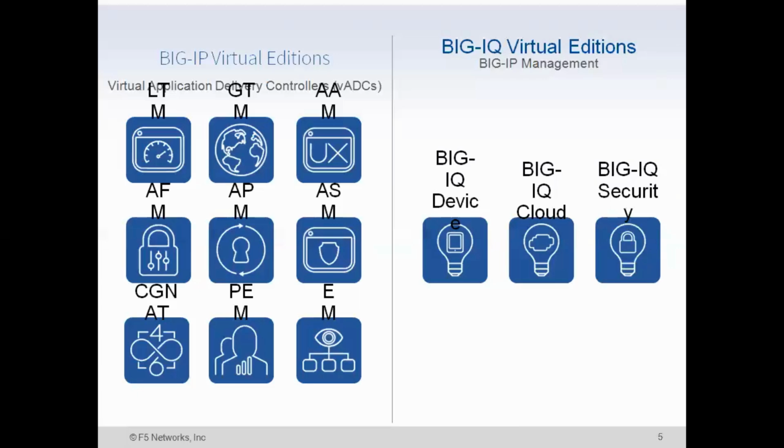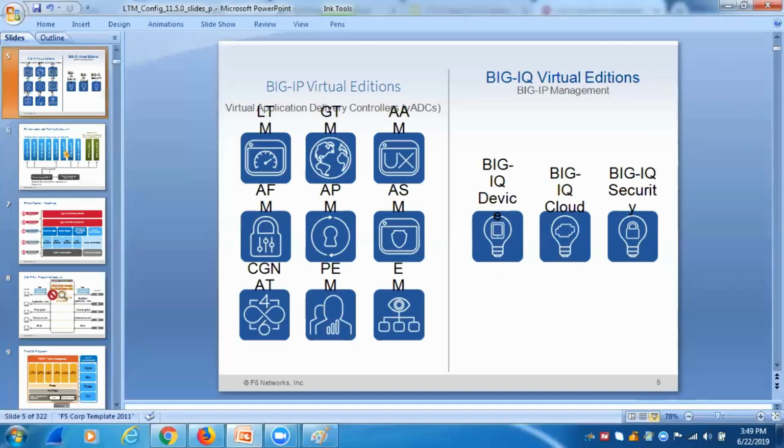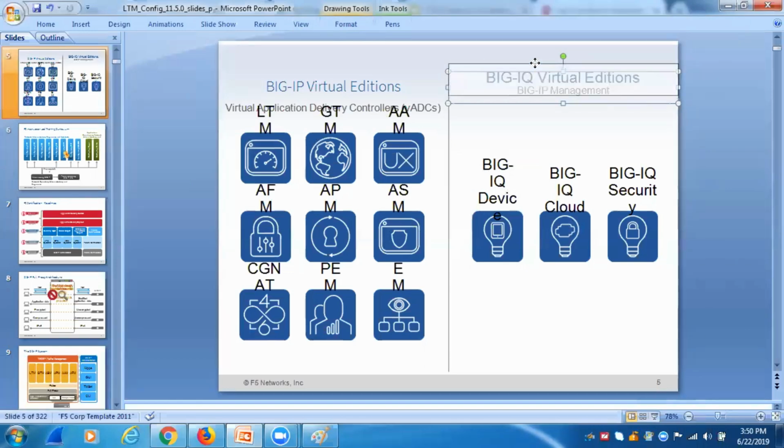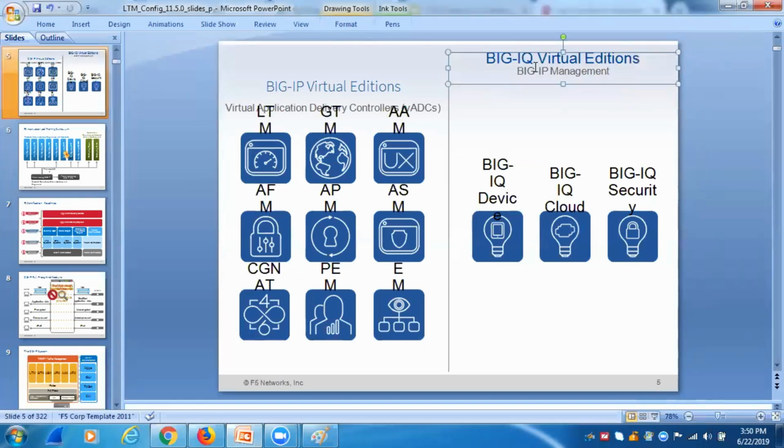We have the VADCs, the virtual ADCs, which are present for each module. Then we also have the BIG-IQ. A little bit of an idea regarding it: BIG-IQ is the centralized manager of your BIG-IP devices. It can be used to centrally manage your BIG-IP boxes or the F5 ADCs from a single point of contact.